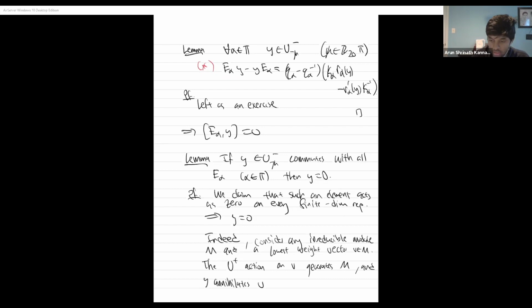And since it commutes, you can just move y past all the e's, and this tells you that y actually annihilates the entire module. So y annihilates M. Okay, and applying the lemma, we can finish the proof of the proposition: because y commutes with all e alphas, y is equal to 0. And that proves the proposition.